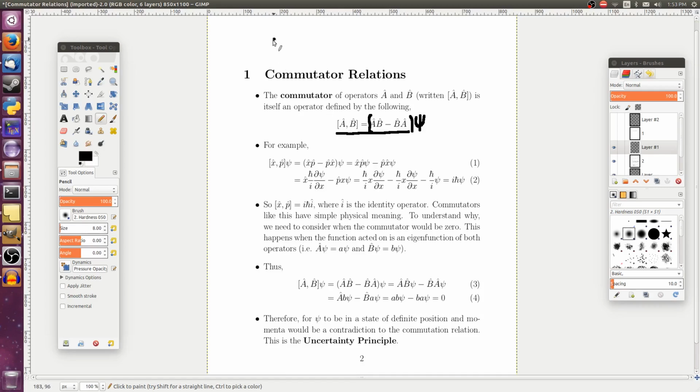So if we acted on it with a concrete function, then this is what we get, assuming the operators are linear.